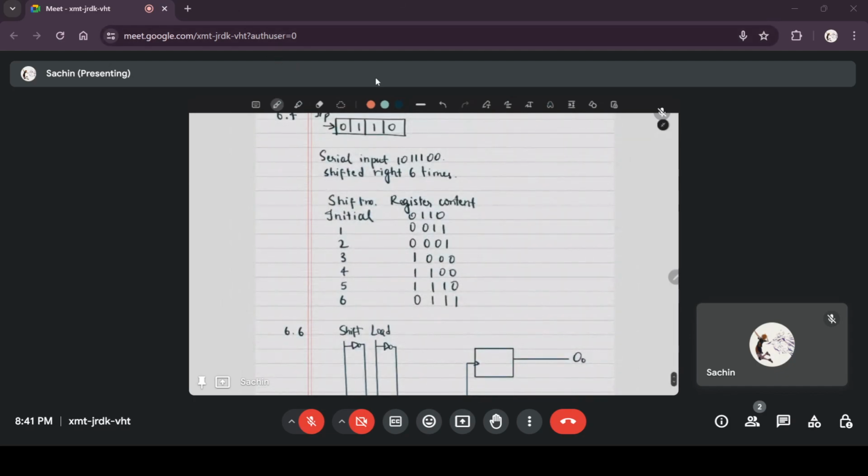Do they specify anything about how the data is shifted? Okay, they have not specified anything. I'll just take it as shifting left.